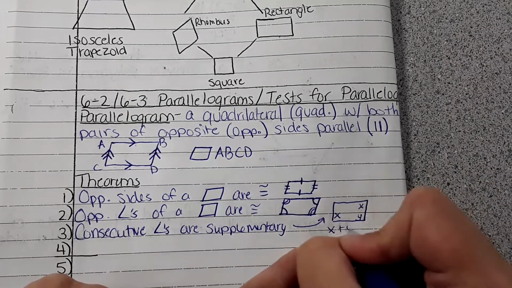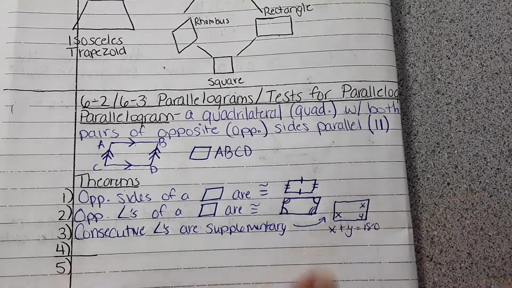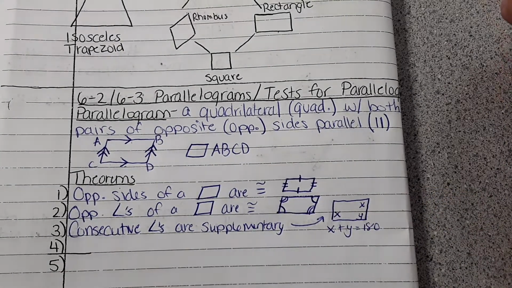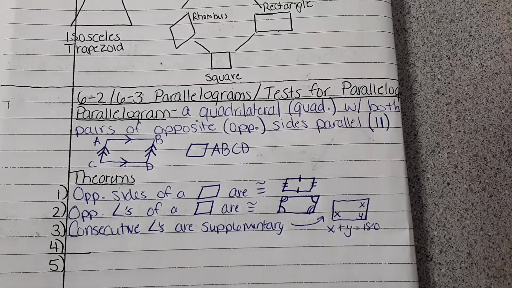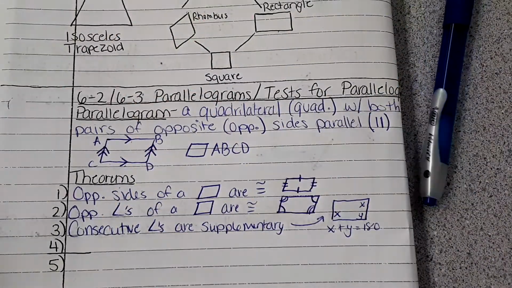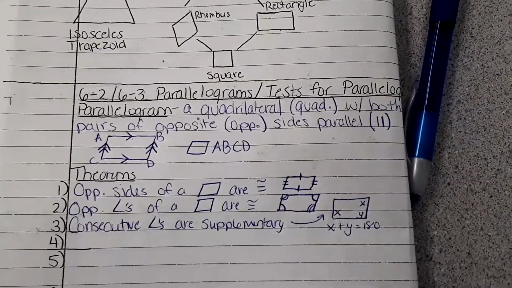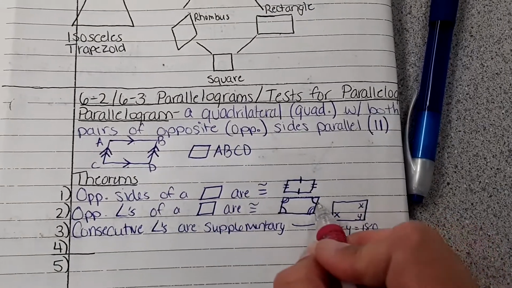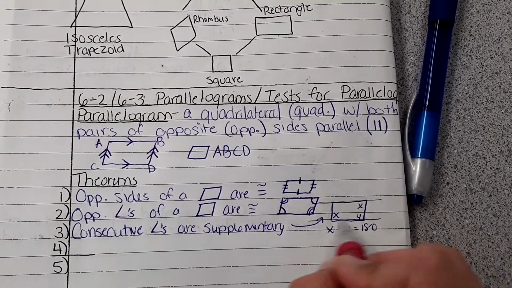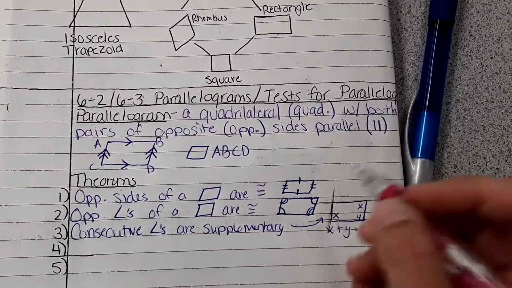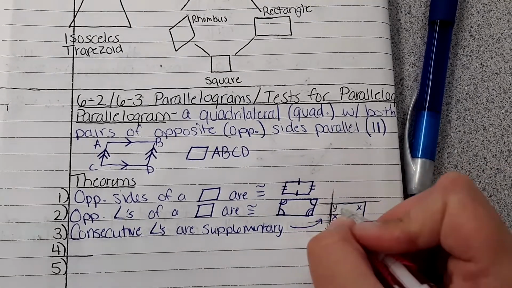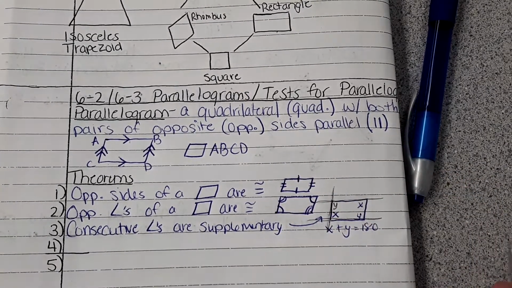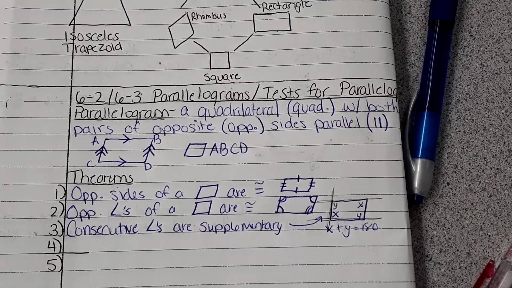So x plus y equals 180 degrees, no matter how you look at it. And that makes sense in terms of parallel lines and a transversal. So for example, if these were parallel lines, and then this was a transversal, the consecutive interior angles were supplementary. So it also holds true for parallelograms.